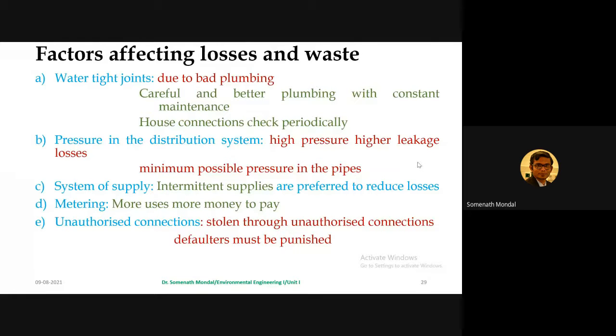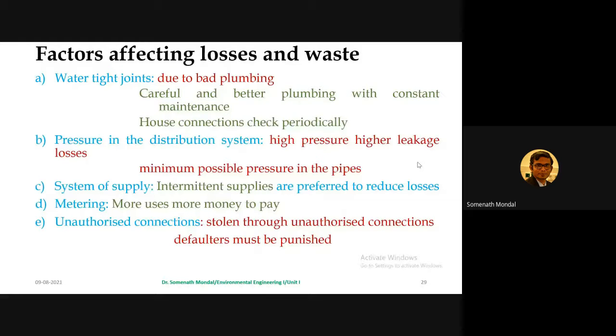So that part also should be ensured. Next is pressure in the distribution system. We have actually discussed this superficially while talking about the influences of several factors on per capita demand. Here again, I am repeating because the pressure in the distribution system has a direct impact on losses and waste.